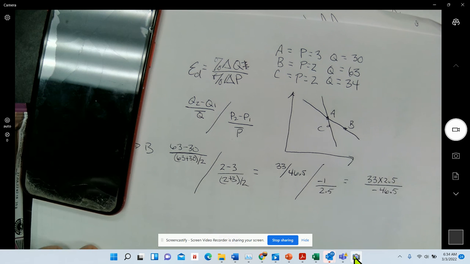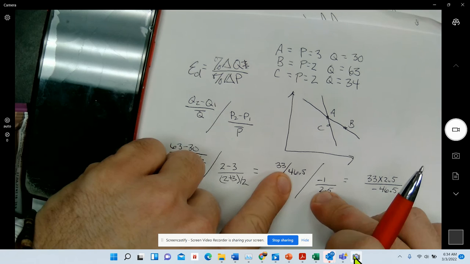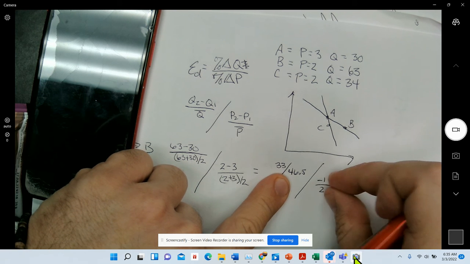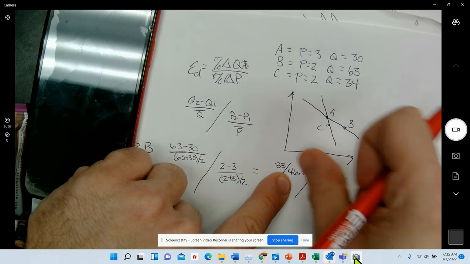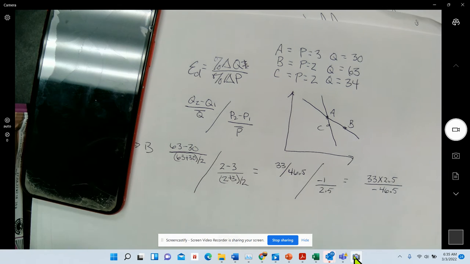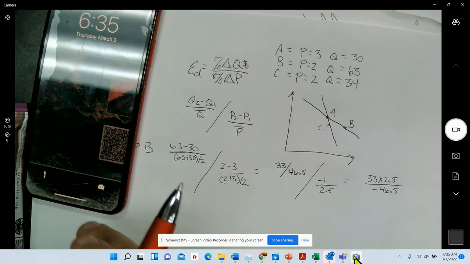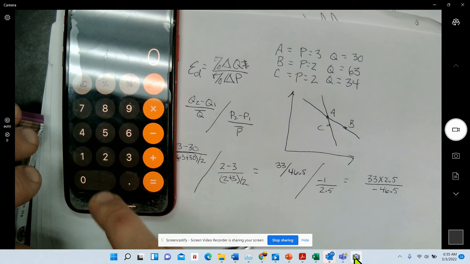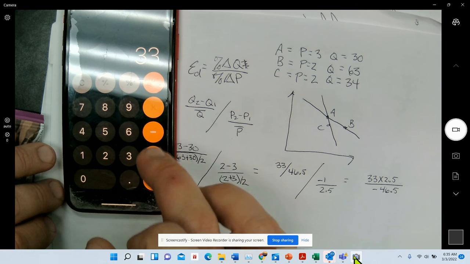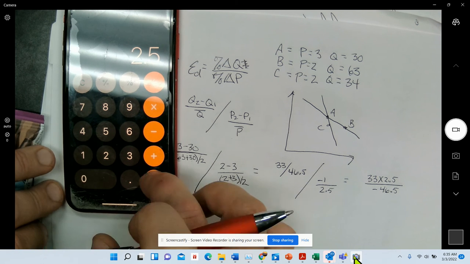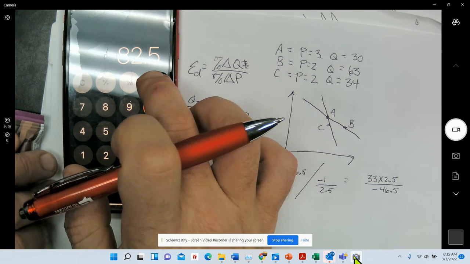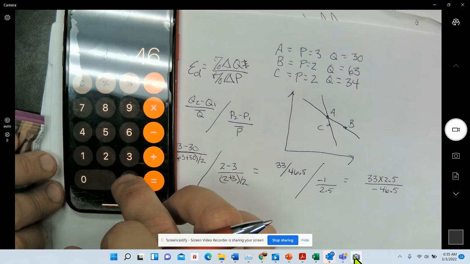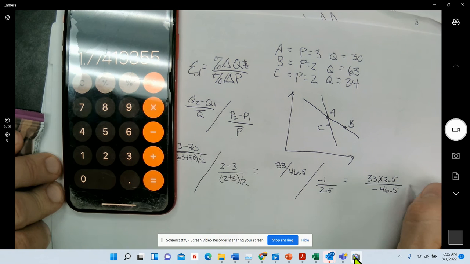That's a little simpler. Dividing by a fraction is the same as multiplying by the reciprocal; you flip the fraction. So that's 33 times 2.5 on the top, and negative 1 on the bottom. That's a little easier to put in my calculator. If you know those kinds of tricks, it can make it easier. So 33 times 2.5 equals, and then I'll divide by 46.5 and make it negative.